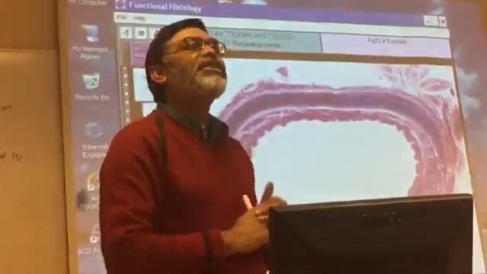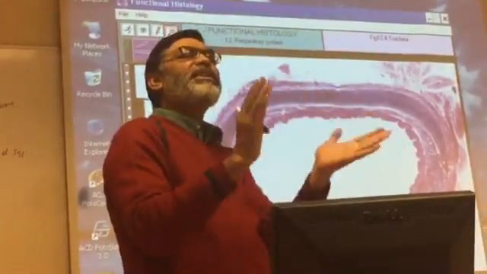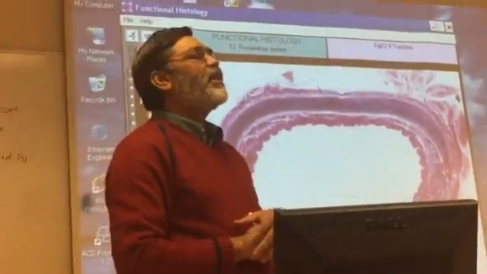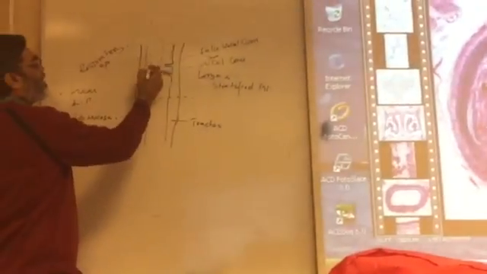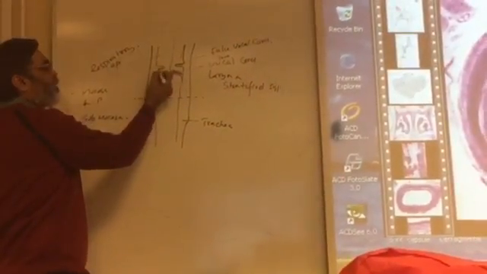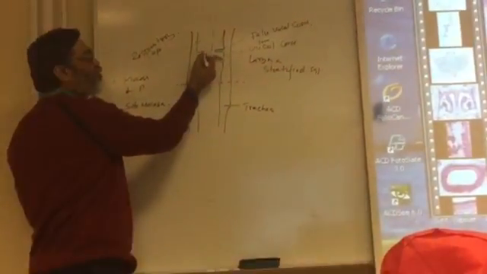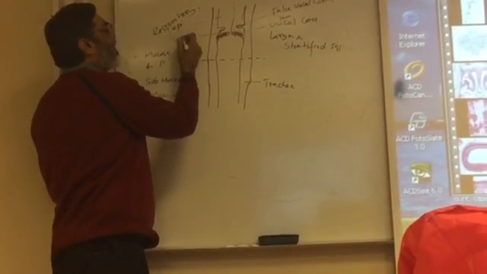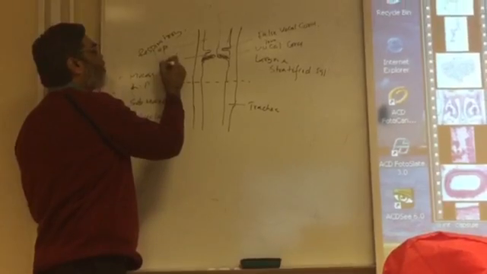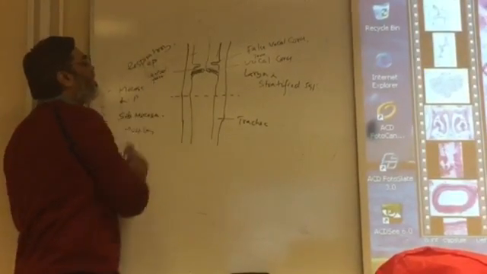This is the only difference between the larynx and the trachea. And this space between the two folds is known as the ventral fossa.